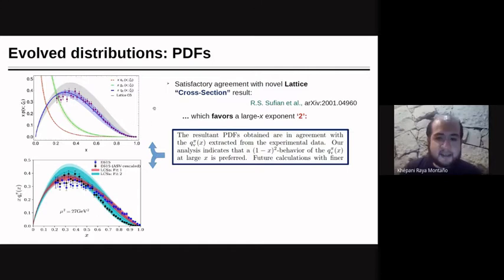And an important thing of this is that the lattice cross-section result, as explicitly mentioned in the manuscript, favors a large exponent of 2. Just as we do, and just as QCD does.